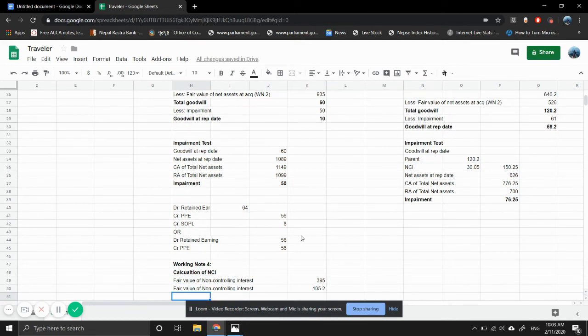So what about the share of post acquisition profit? Post acquisition profit of data, right?